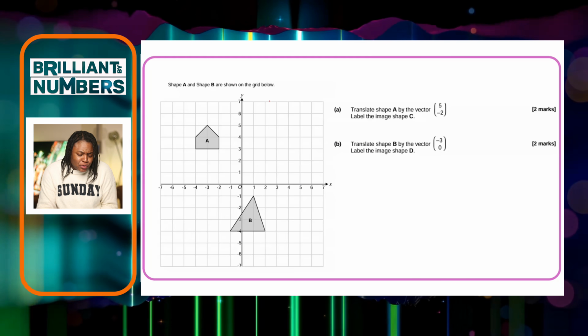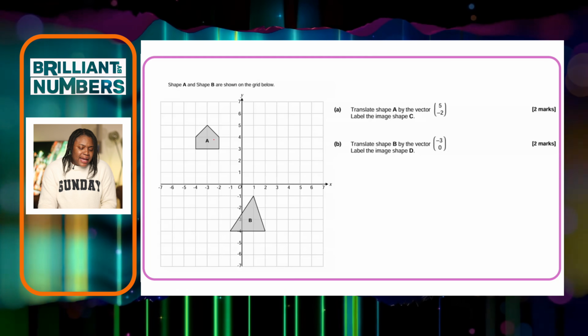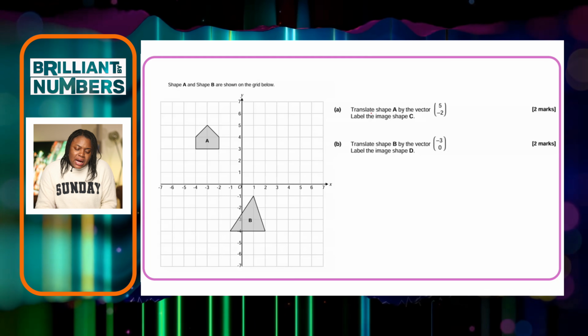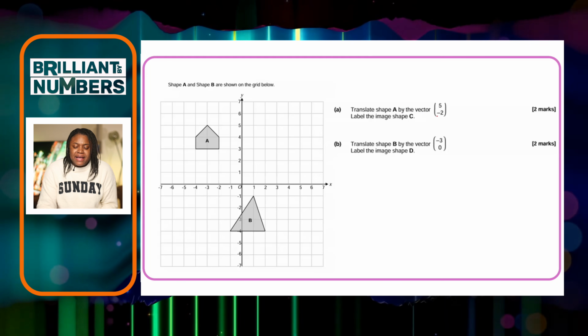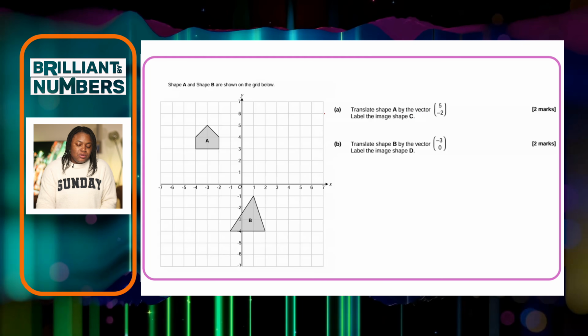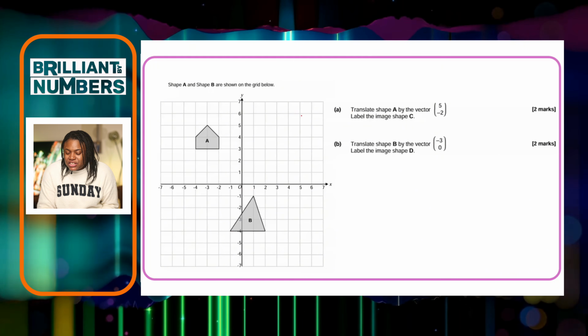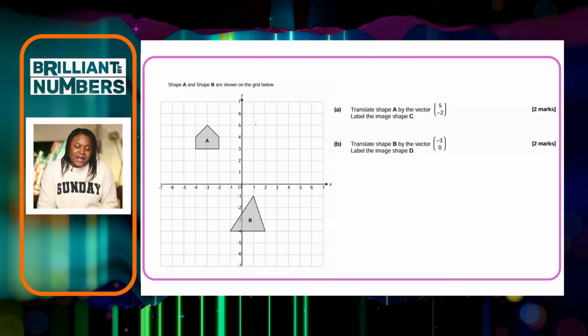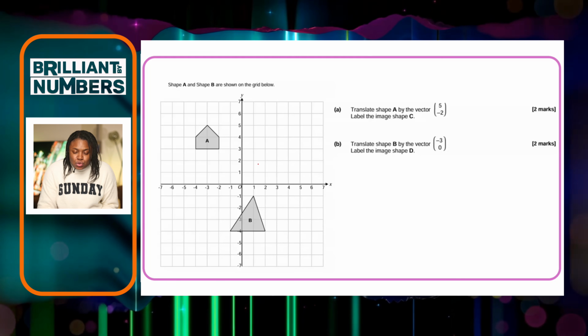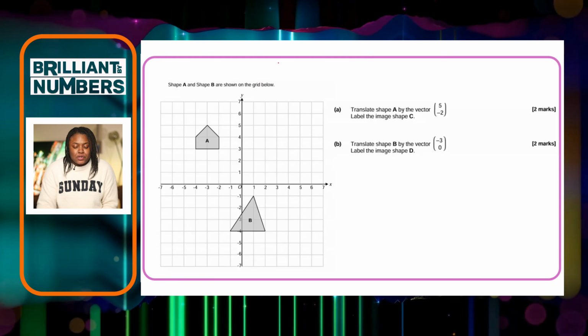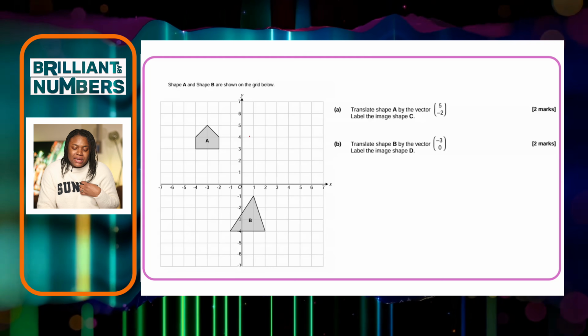Shapes A and B are shown on the grid below. We have A here, we have B there. We are asked to translate shape A by the vector (5, -2). It means that each part of the shape, we should move 5 across, 2 down, 5 across, 2 down, and so on. Let's take 1 point at a time.